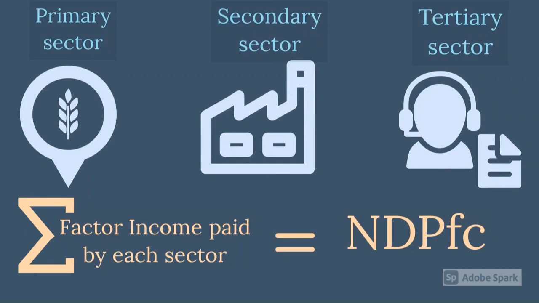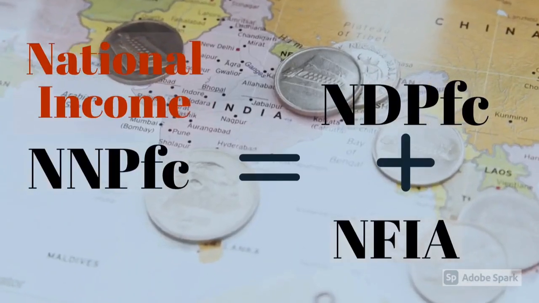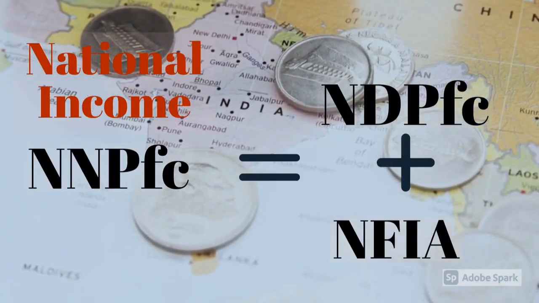Then, factor incomes paid by each sector would be classified into various categories of COE, rent, royalty, interest, profit, and mixed income. When all factor incomes are summed up, we would get domestic income, NDPFC. Finally, add net factor income from abroad to domestic income, and we get national income, NNPFC.